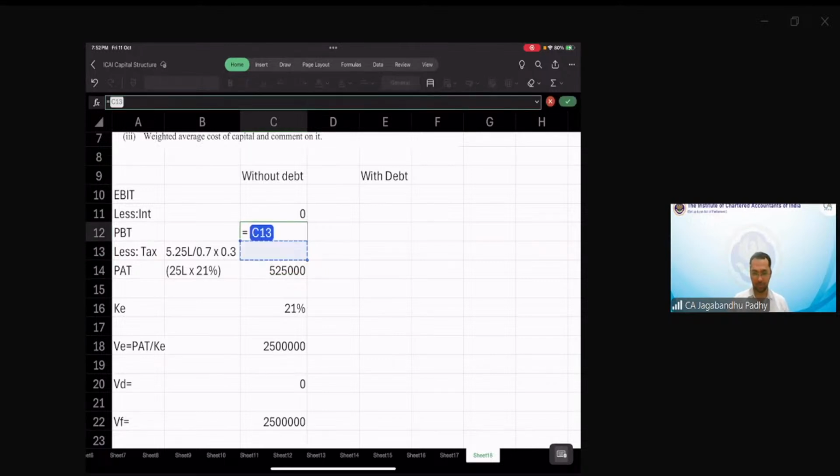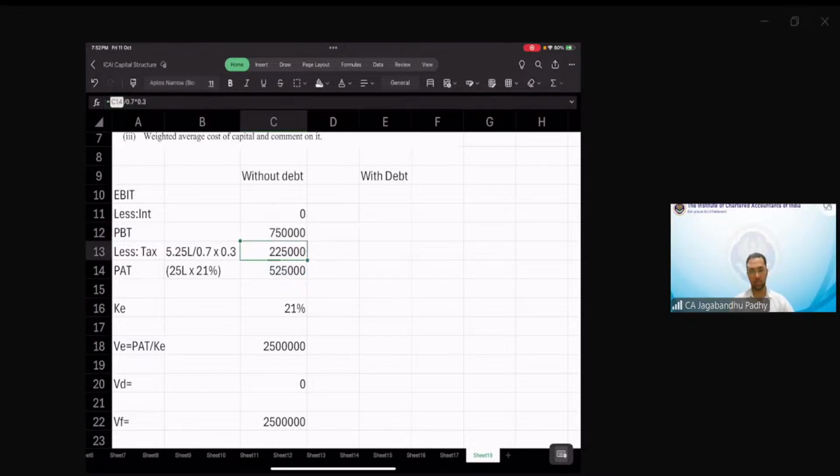And PBT will be, of course, the addition of these two items, which is 7,50,000. Correct, guys? PBT is 7,50,000. Reverse calculation, can I say PBT is 7,50,000, on that 30% is the tax that you pay, which is 2,25,000, and then the PAT.